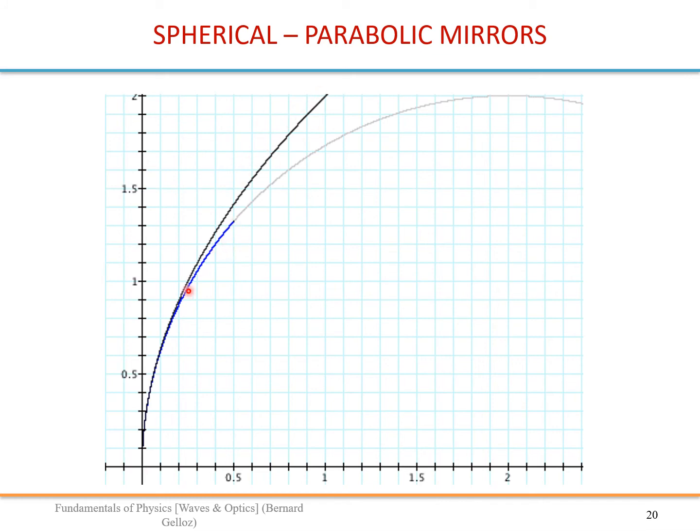So we see that both of them are quite similar for small distances from that line, which is in our case the optical axis. So not far from the optical axis, a parabola looks like the same as a sphere, until roughly this point. So that explains why when the rays are not far from the optical axis, we have a nice focus point.